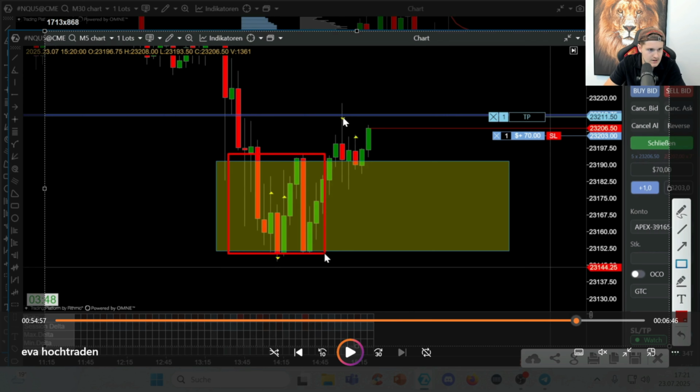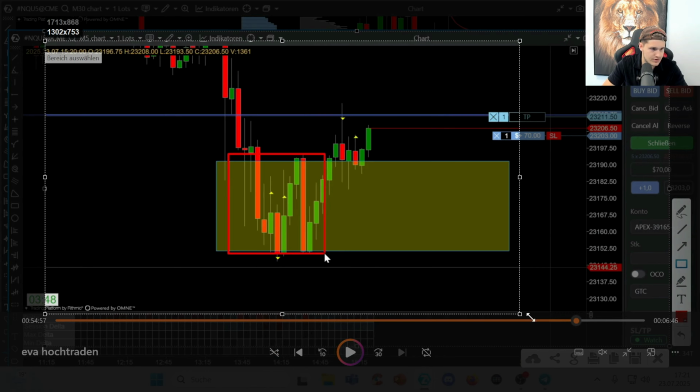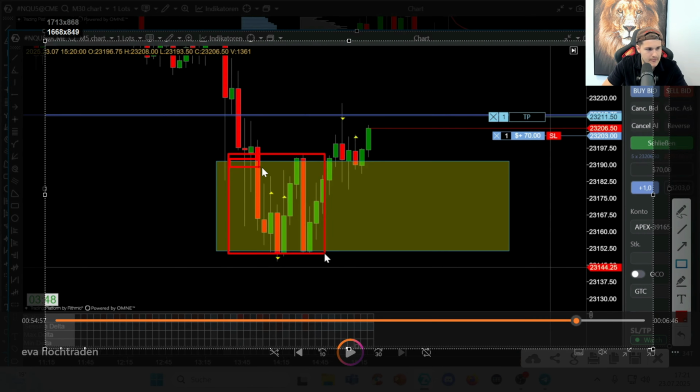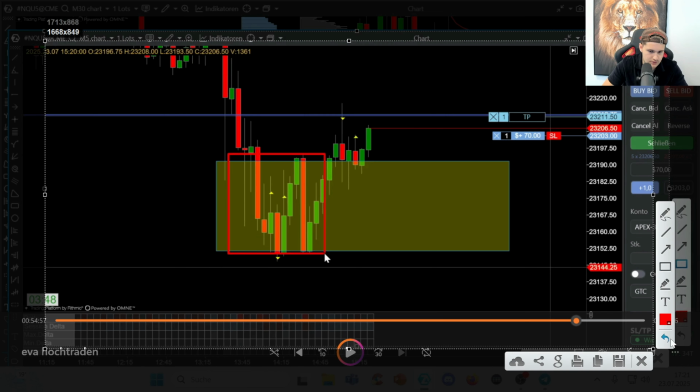As you can see, I got stopped out here, and the theory of making the long was still good, because we had a balance phase, and a balance phase is always created with a double bottom, double top, or many tops. The top was created here and the bottom here.